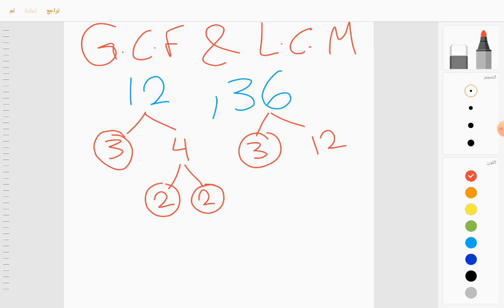We can also use 4 times 9, or 6 times 6, or 2 times 18. Then 12 is 3 times 4, and then 4 is 2 times 2. Then 36 is 3 multiplied by 3 multiplied by 2 multiplied by 2 using prime factors.